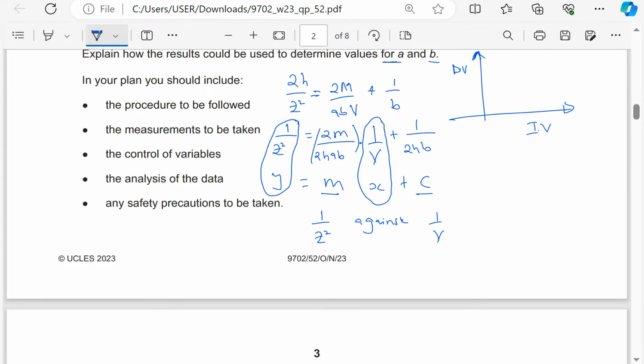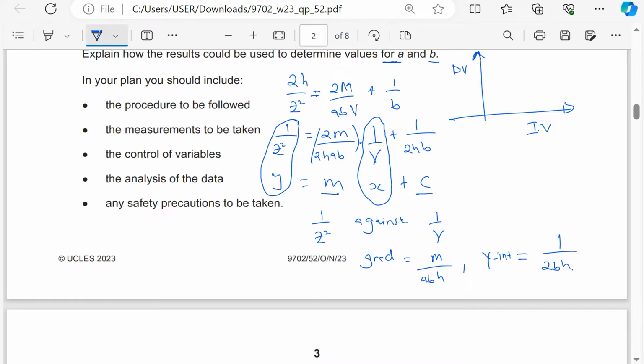And that means the gradient is going to be 2m over 2h a b, which is m over a b h, and the y-intercept is going to be equal to 1 over 2bh.